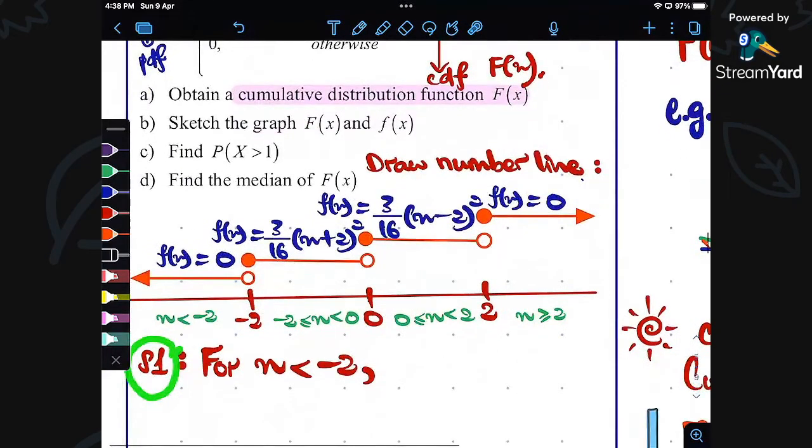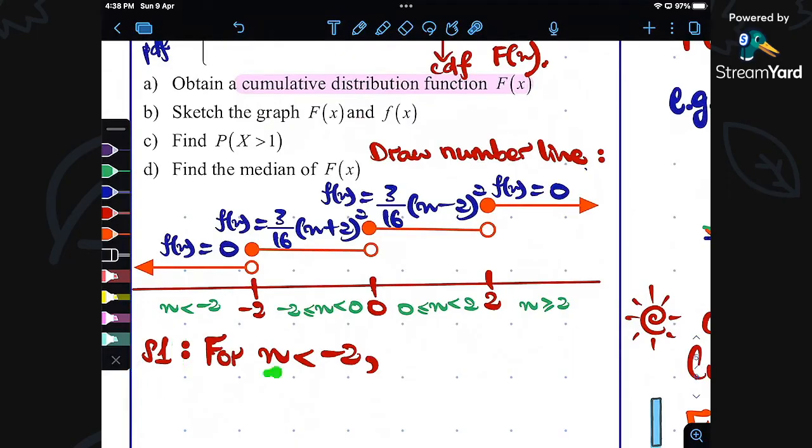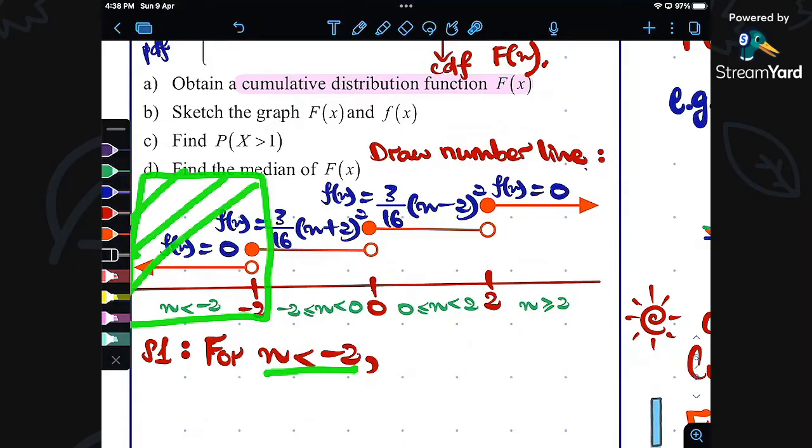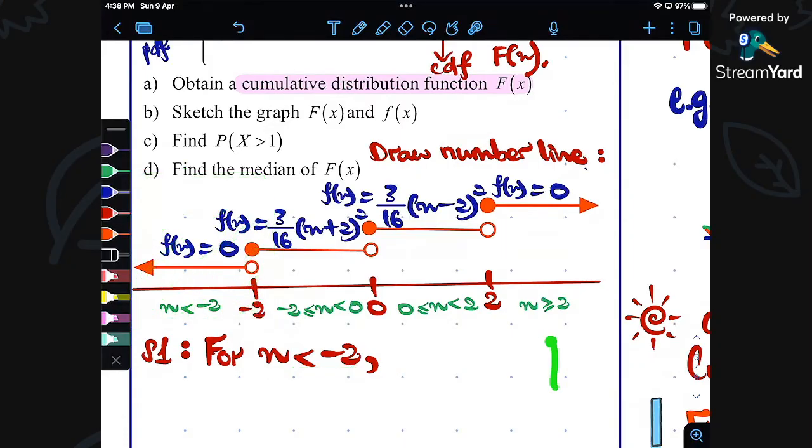The first step is for x less than -2, which is the first region here. We will start with the first region and continue until we get to the last region.